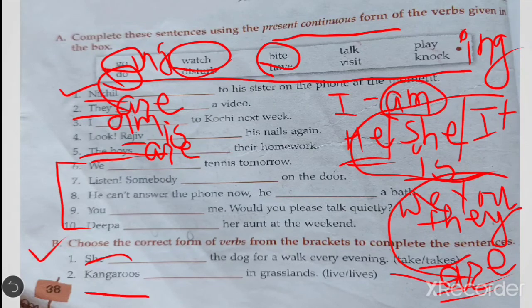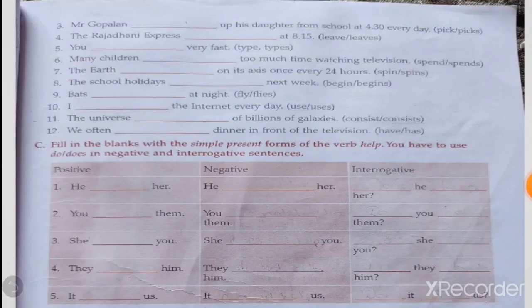Kangaroos dash in grasslands. Now kangaroos is more than one, so that's why live. Kangaroos live in grassland. Number 3. Mr. Gopalan dash up his daughter from school at 4:30 every day.